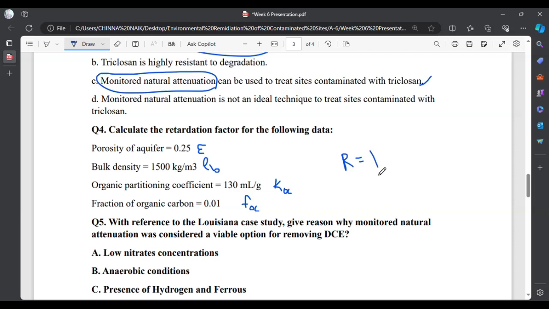That is 1 plus rho b kp by epsilon. Again, how can we rewrite the kp? That is KOC into FOC, the organic partitioning coefficient multiplied by the fraction of organic carbon.